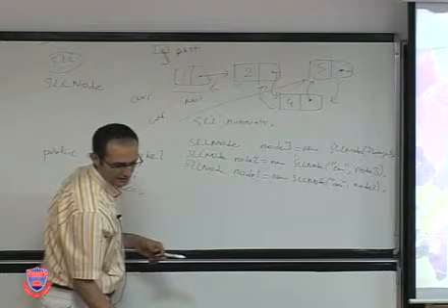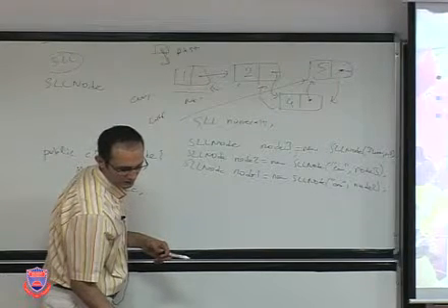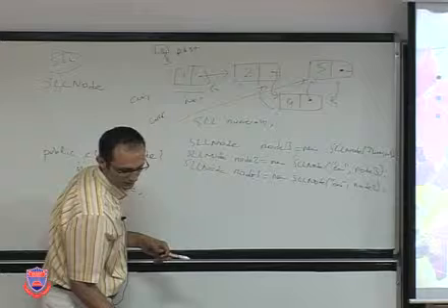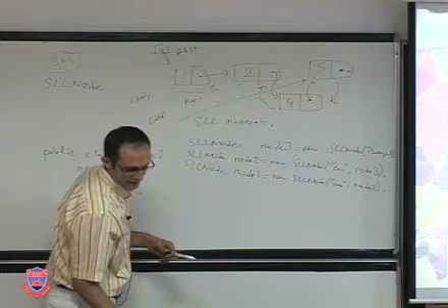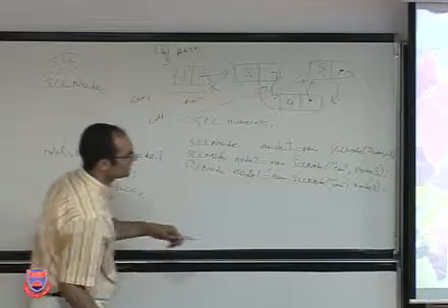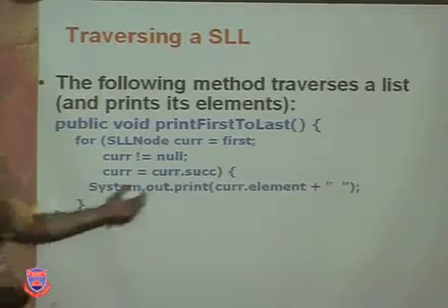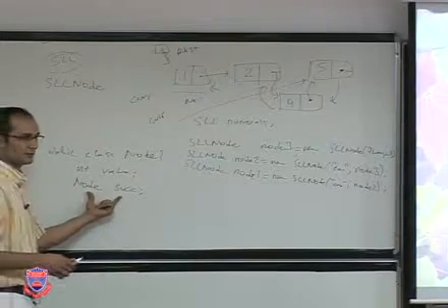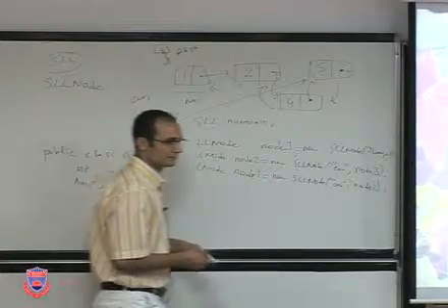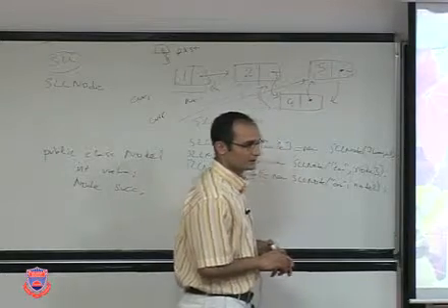So it's essentially the same thing. If you look into this traversal, you see that you start with the first element, and then every time you get the successor by assigning the successor element or node. Does it make sense?